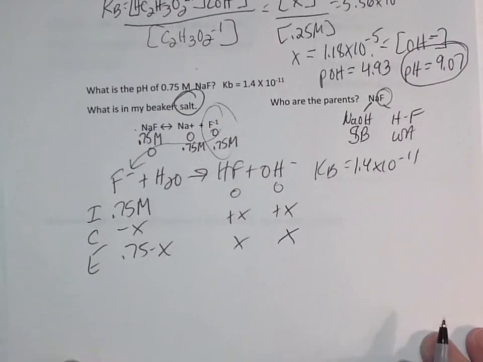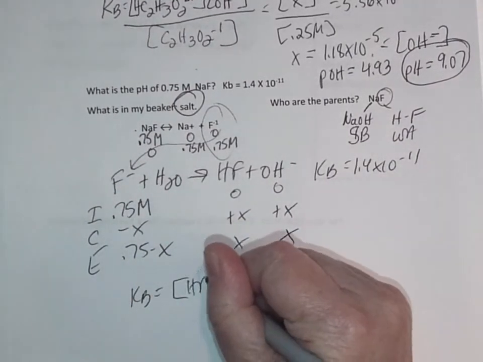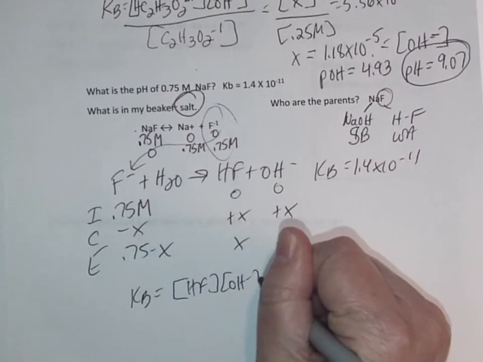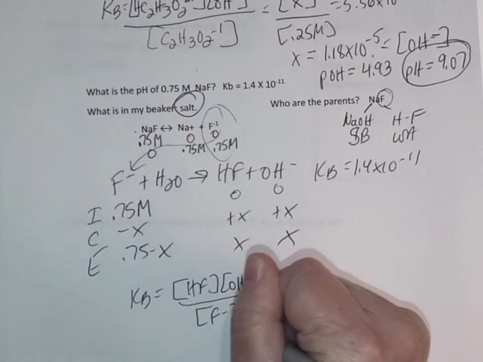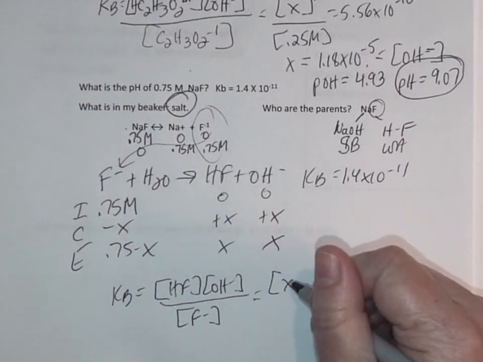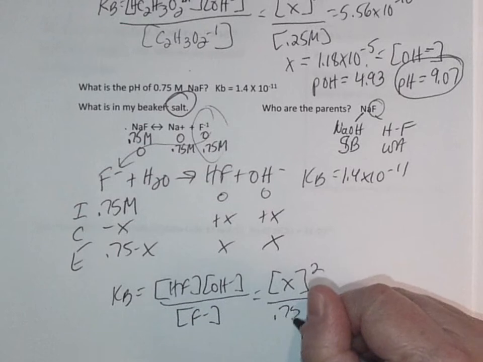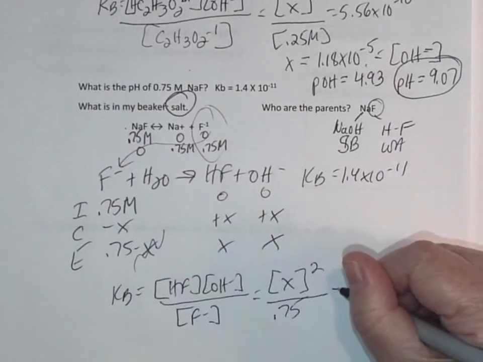I'm going to put that into my Kb expression, which I did not write. All right, so I'm just going to put it in here. I like to keep to the same pattern of how I solve problems so I don't miss things. Now put x's into each of those, so this becomes x squared over 0.75 because I'm ignoring that.